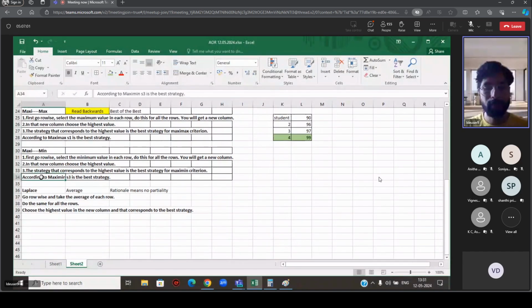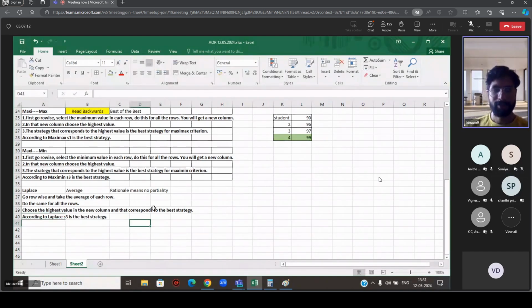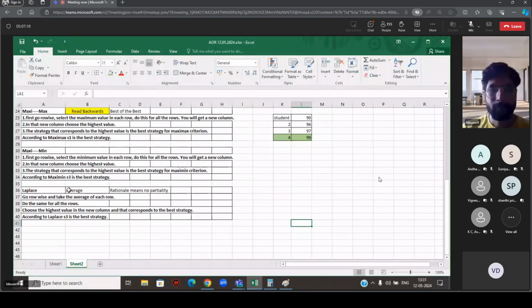So according to Laplace, S3 is the best strategy. Are you understanding? Yes, sir.